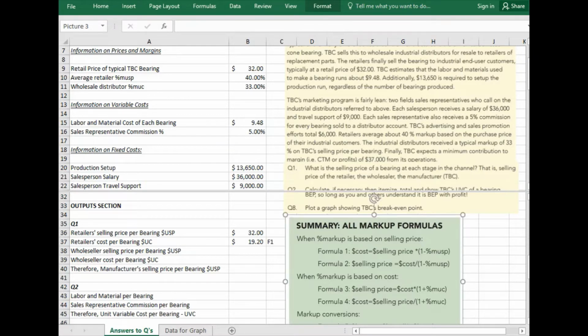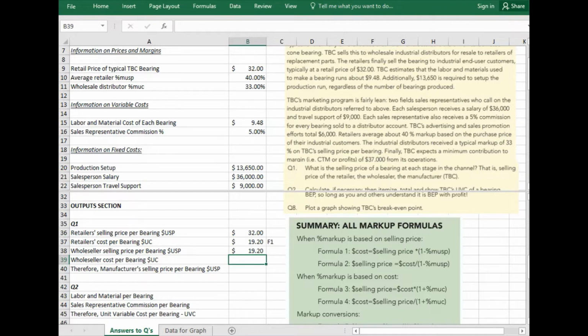Now, good news is that tells us exactly what the wholesaler selling price is, right? Because when the wholesaler sells to the retailer, that became the retailer's cost. So remember the handoff we talked about in class. We have to picture the ball handing off from one entity to the next in the chain.